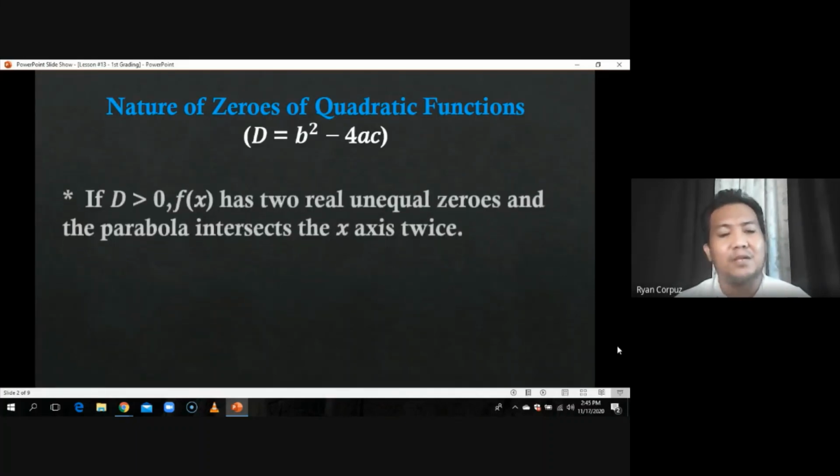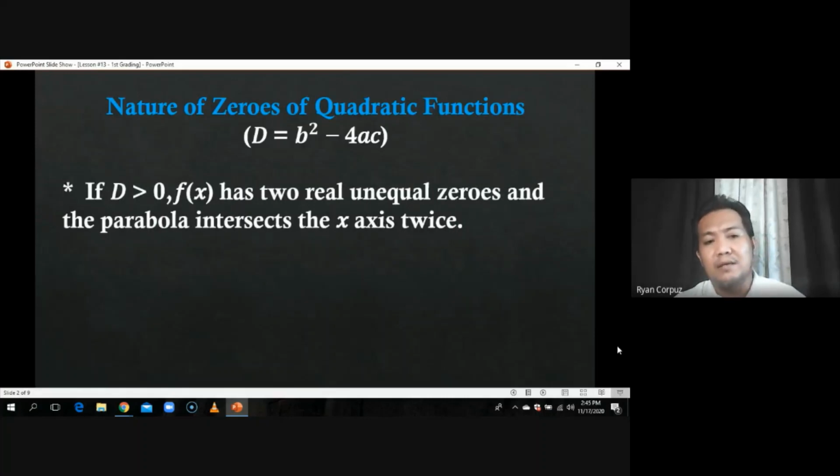Unahin natin, sabi dito, if your D is greater than 0, ibig sabihin, if your discriminant is greater than 0, the f of x or your quadratic function has two real and equal zeros, and the parabola intersects the x-axis twice.